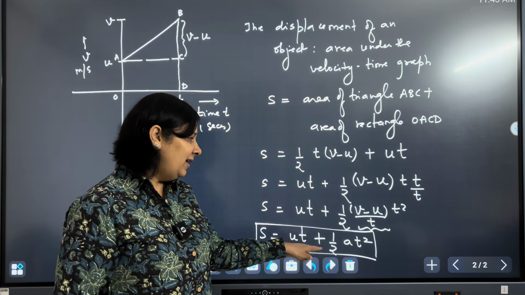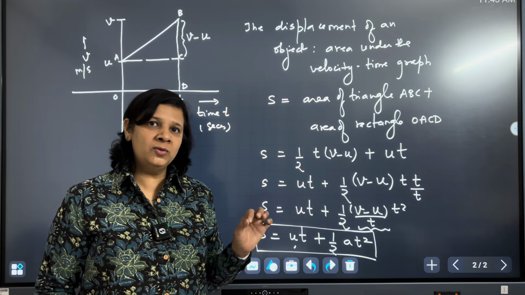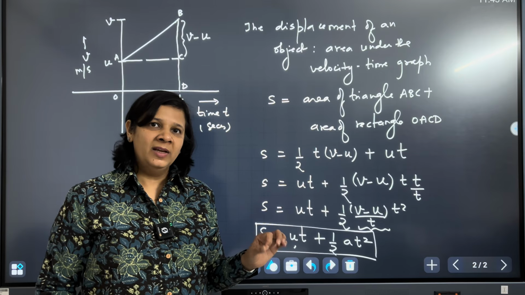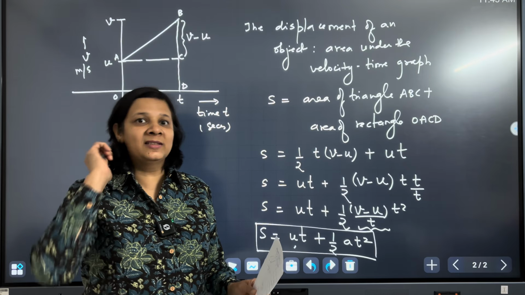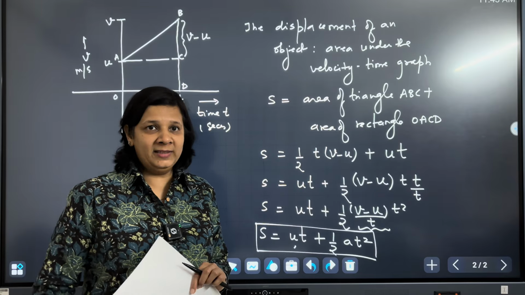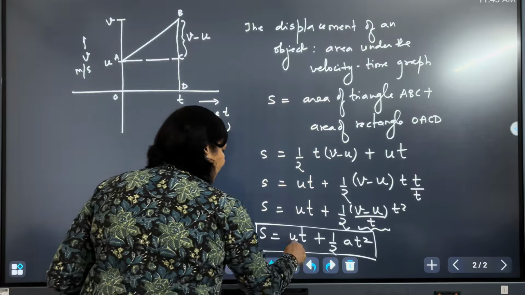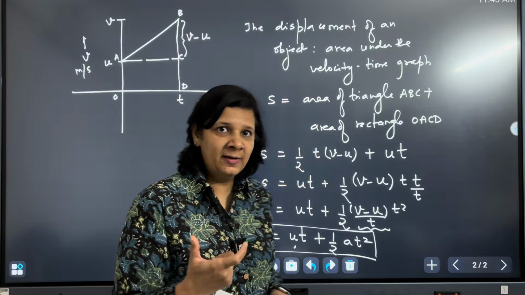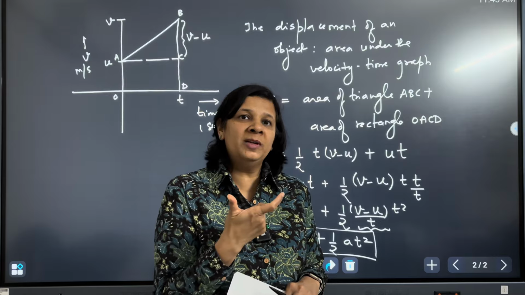Okay, but here we have assumed that the object has started at time t equal to 0. It is at the origin, right? It is also possible that the object has some initial position s naught. Then we have to include that also. So basically s is the displacement from the origin. If the object is at an initial position, then what will be the displacement?